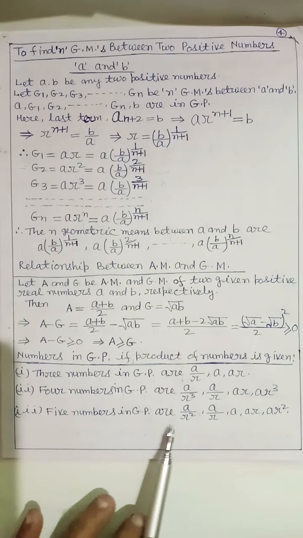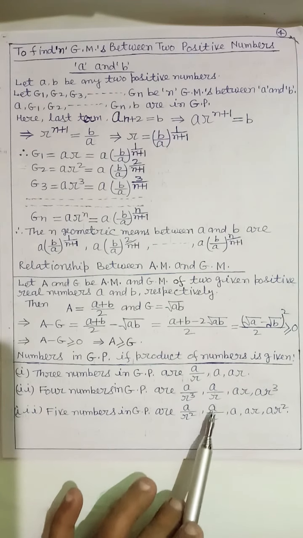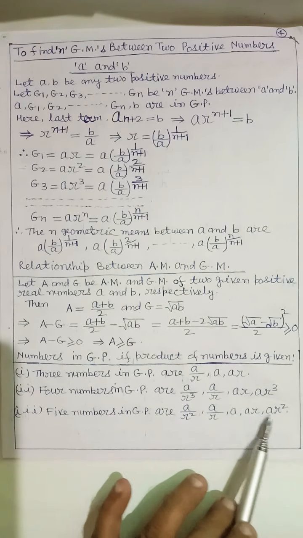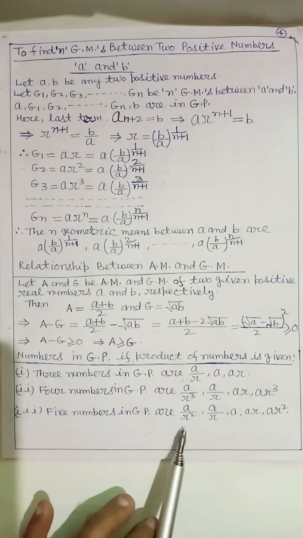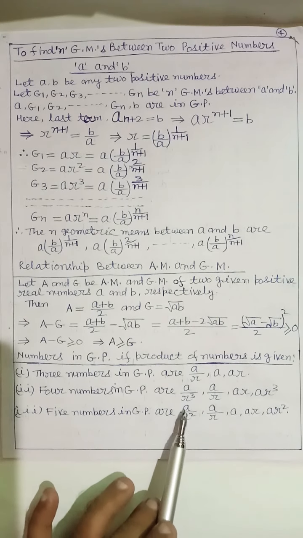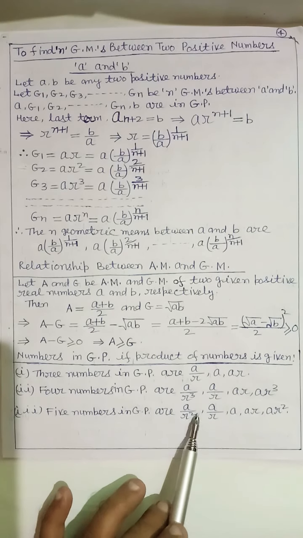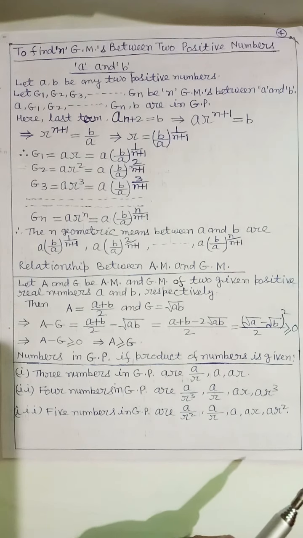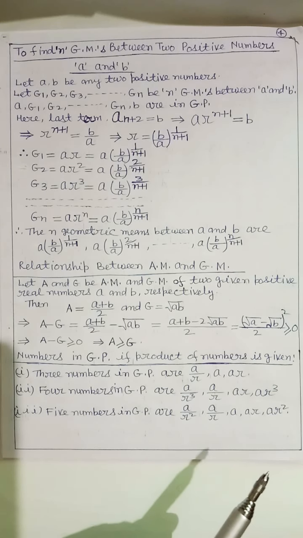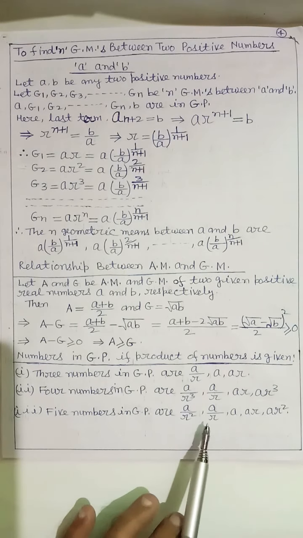5 numbers in GP are a by r square, a by r, a, ar, ar square. What is the common ratio here? r. A by r square is the first term, and if the first term is a and common ratio r, then the second term is ar.